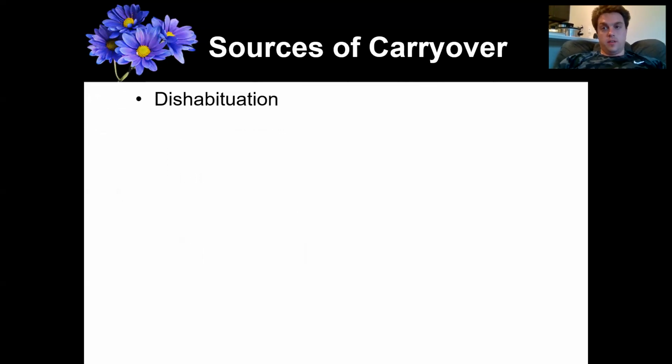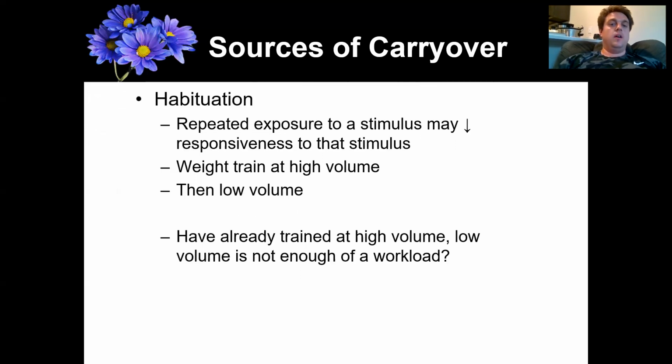And again, just think of all this stuff in terms of order. So if I started out training at high volume and then I trained at low volume, and the low volume is not as effective, not because it's low volume but because of habituation, well then that's a confound, right? Because it's really what I did before that's making low volume less effective, not just low volume itself.